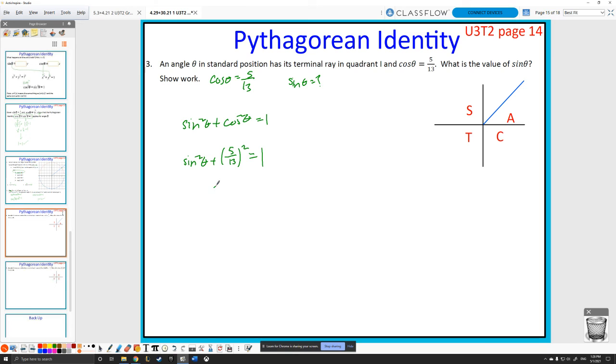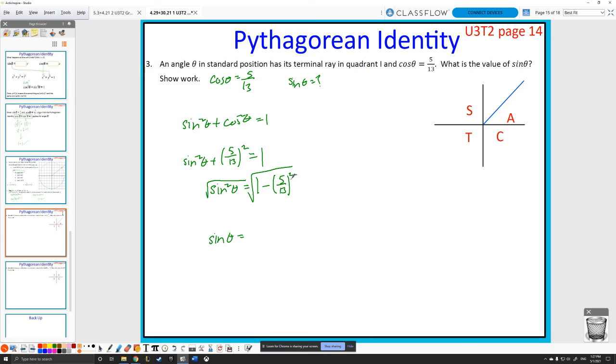So I'm going to start isolating my sine by subtracting 5 over 13 squared. And in order to isolate my sine theta, I'm going to take the square root. Now do note just one small thing. We're not solving for what theta is. We're solving for what sine theta is, right? So once I have this, I'm good to go.